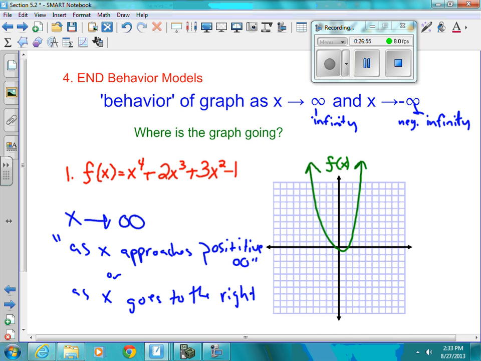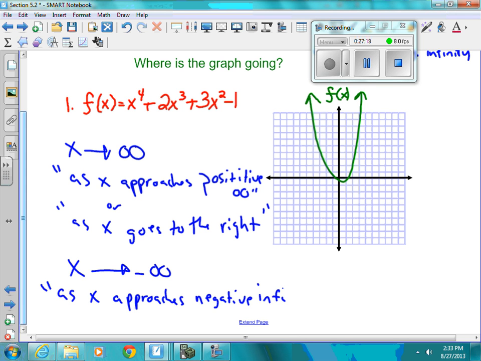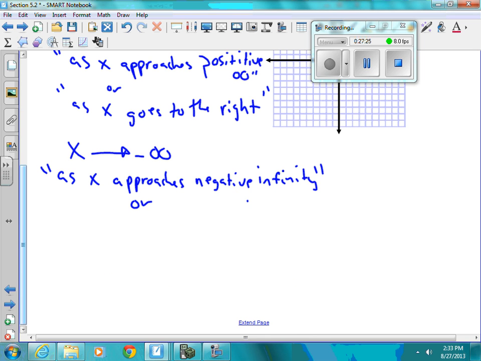These are the ways I want you to think about it, whatever makes more sense to you. As x goes to the right. And this one, x arrow negative infinity, means as x approaches negative infinity, or as x goes to the left.